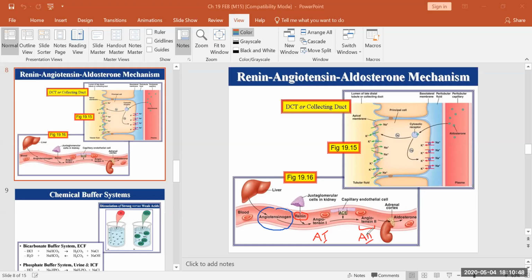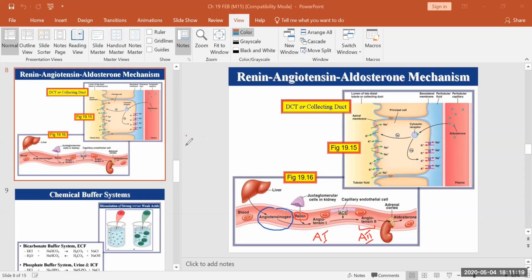This is one of the most, if not the most, powerful vasoconstrictors. It will cause constriction of your arterioles. If it constricts, it will increase blood pressure, meaning it will increase TPR, total peripheral resistance. And if that's the case, then it will increase MAP, right?